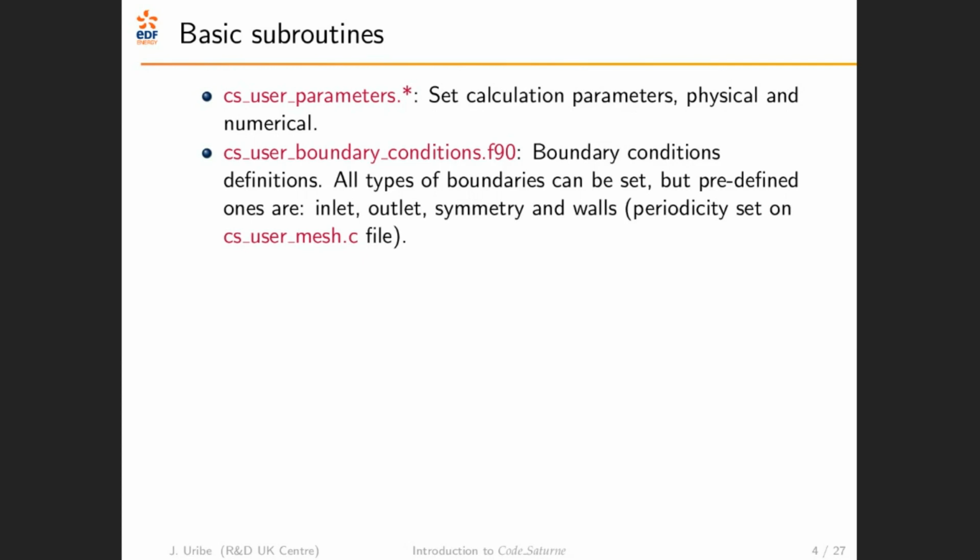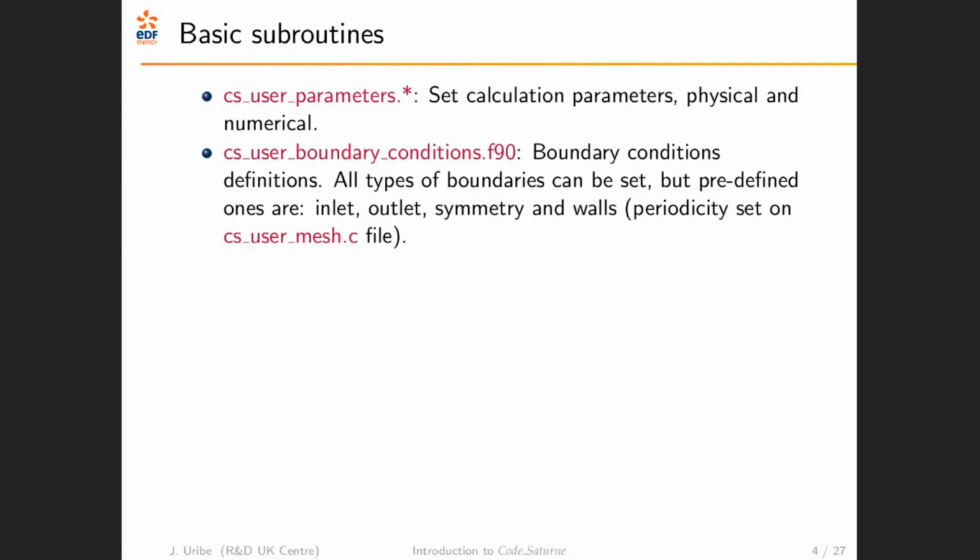But here is where you set pretty much everything from your numerical parameters, your time step, your equation resolution, tolerance, etc. And also your main physical parameters, your density, gravity, things like that.